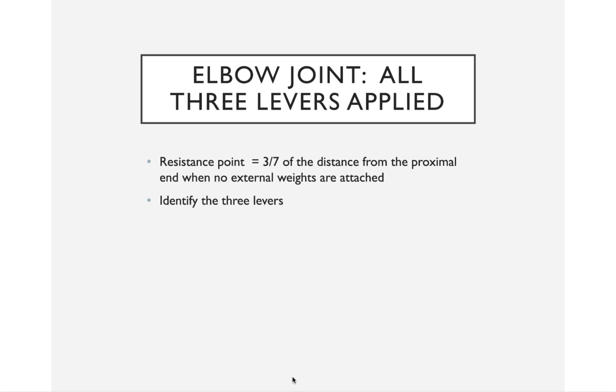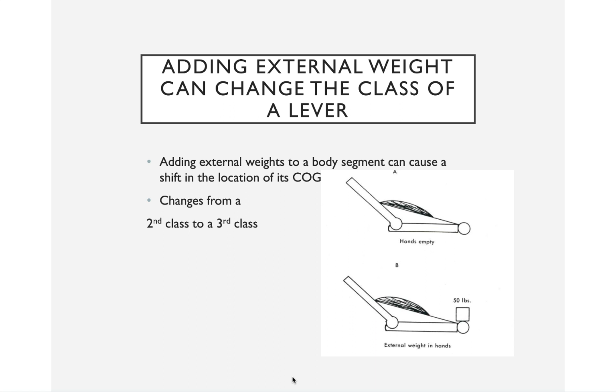So let's look at how adding an external weight can cause a lever to change its class. Here we have two examples, and the hands are empty in the first example. This would be an example of the brachioradialis, actually.